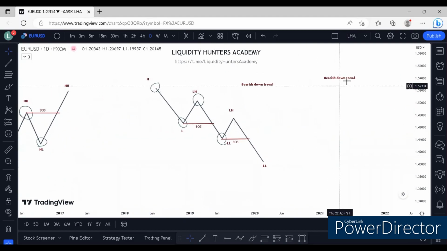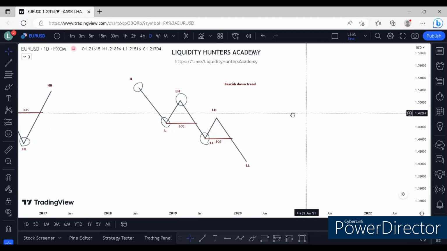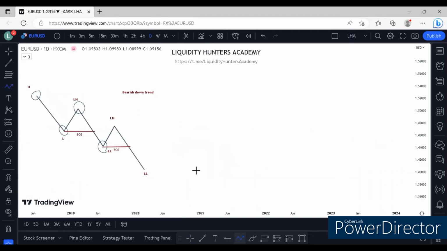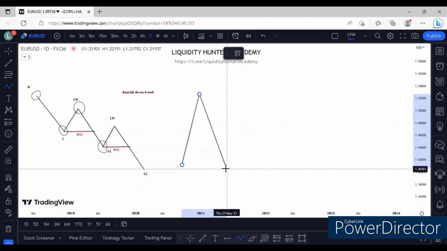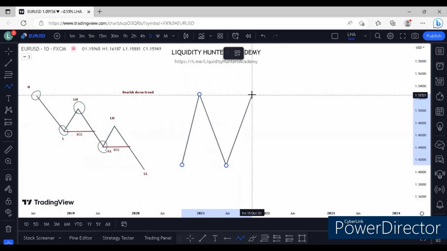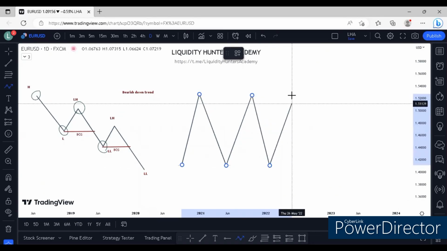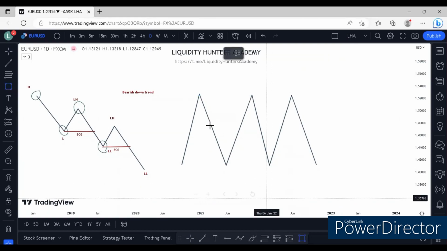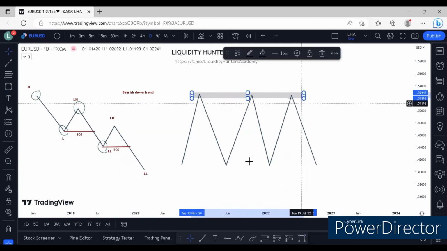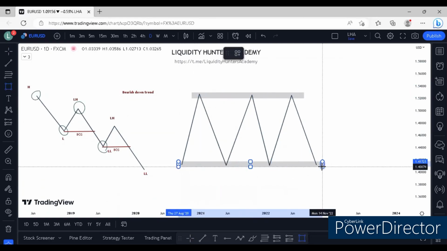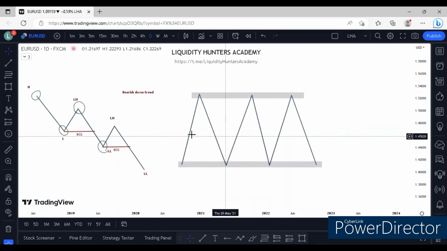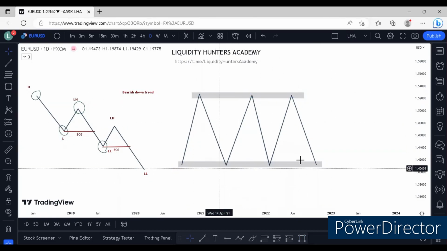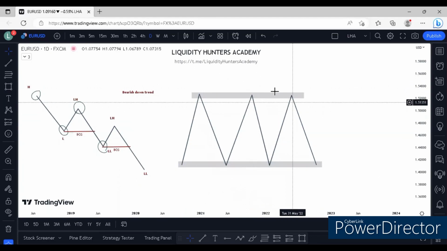The third type of trend that we can see is the consolidation. It is where price is ranging. Okay, so we have something like this. I'm gonna draw a resistance level and a support level just to show you that price is moving inside this range and it is not breaking neither to the upside nor to the downside.